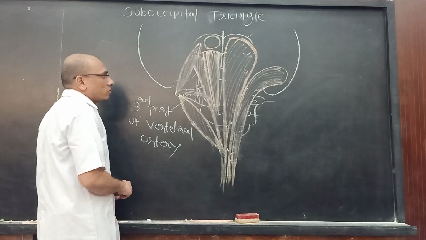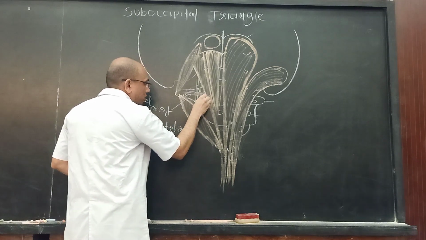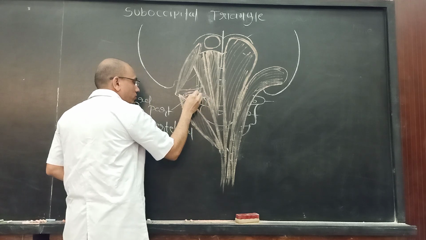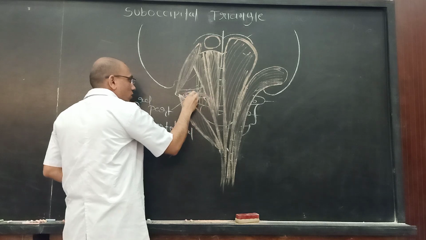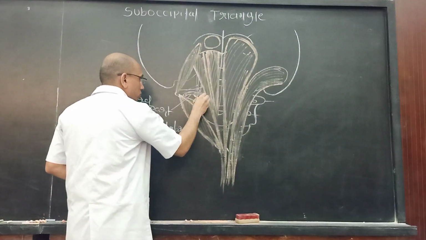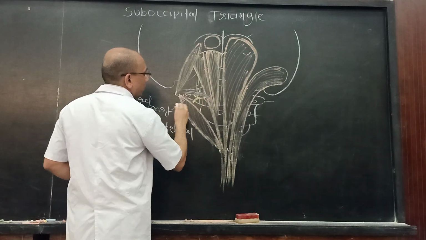Another content of the suboccipital triangle you can identify here is the first cervical nerve. Here is the first cervical nerve, that is called suboccipital nerve. I am writing here.